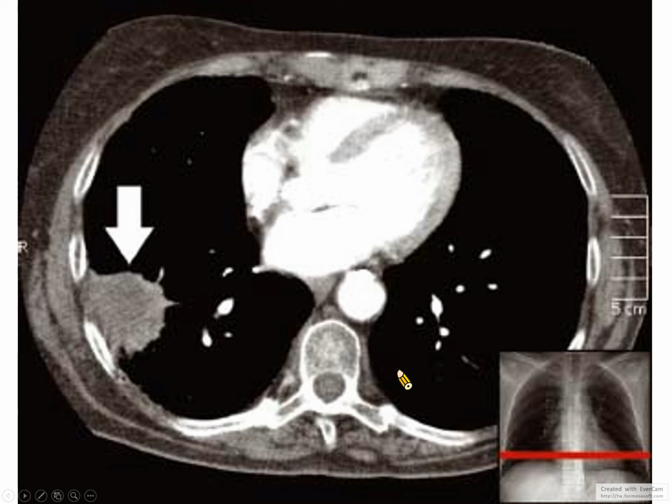So how do we determine this? The only thing we can do is a biopsy, which means that we need to extract a small amount of tissue from this tumor.